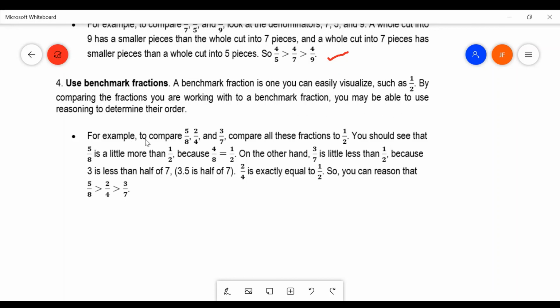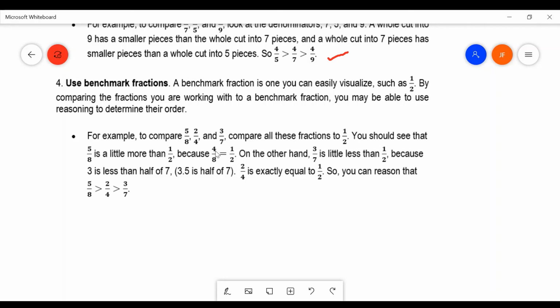For example, compare 5/8, 2/4, and 3/7. Compare all these fractions to 1/2. You should see that 5/8 is a little more than 1/2 because 4/8 is equal to 1/2.